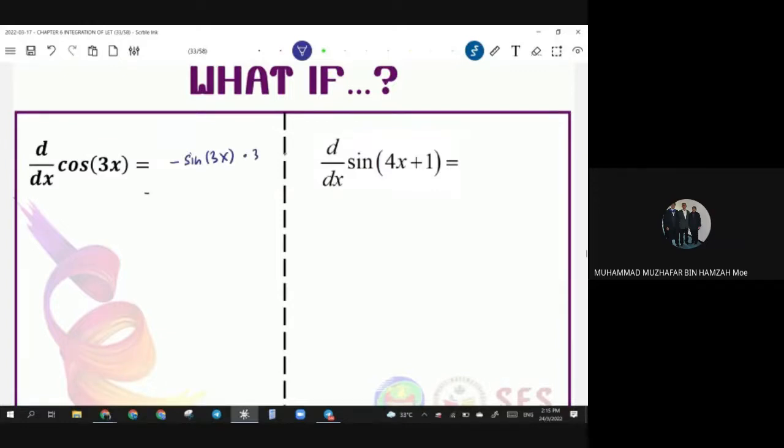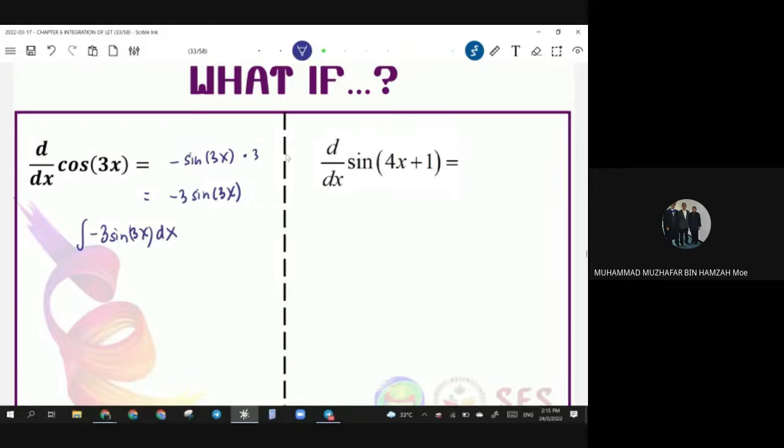So here we get negative 3 sine 3x. In other words, how should we integrate negative 3 sine 3x dx? As we have agreed, the answer must be the cos 3x from earlier.